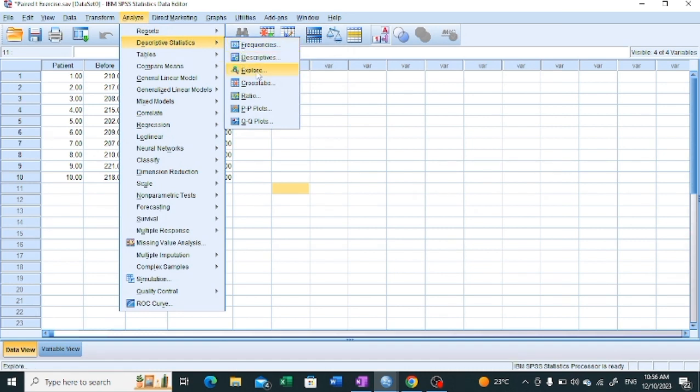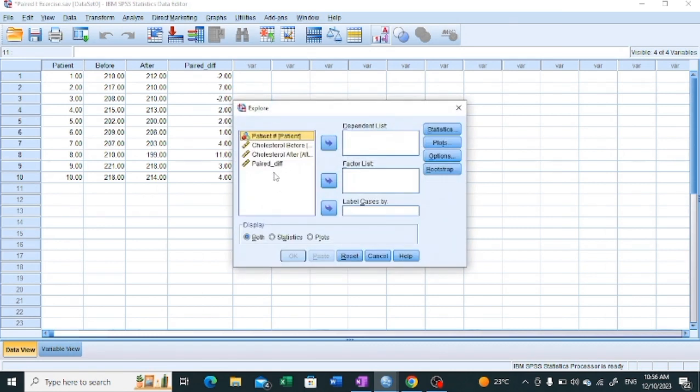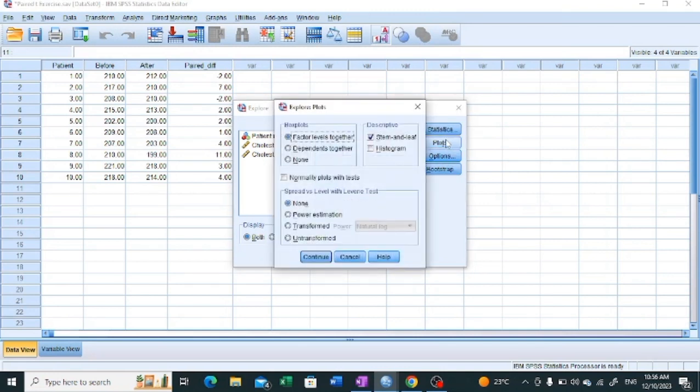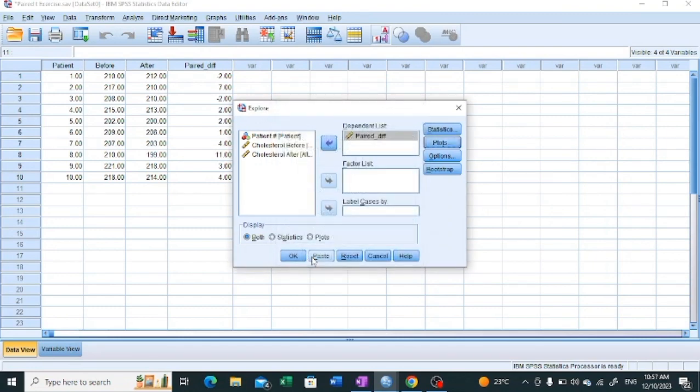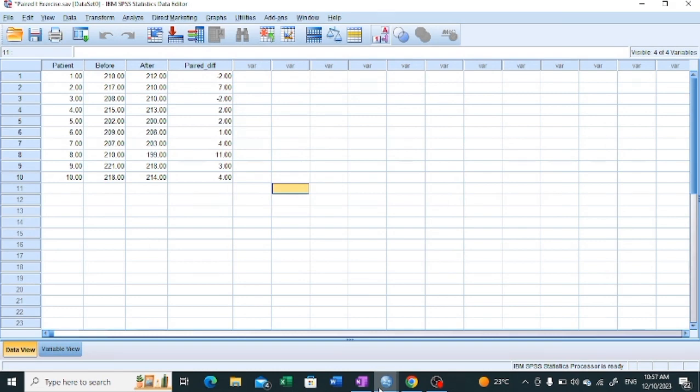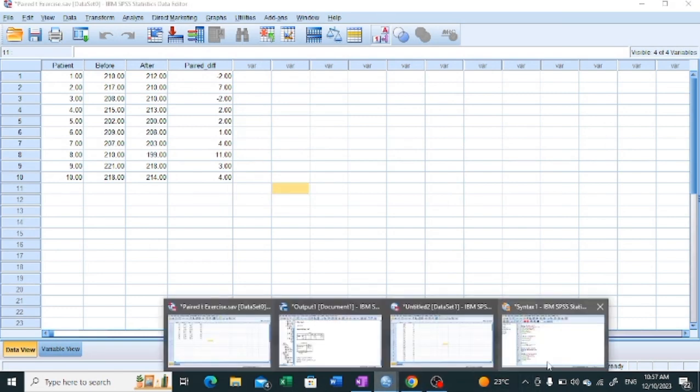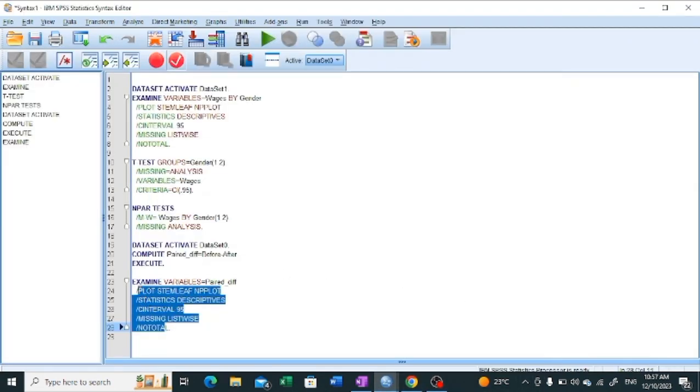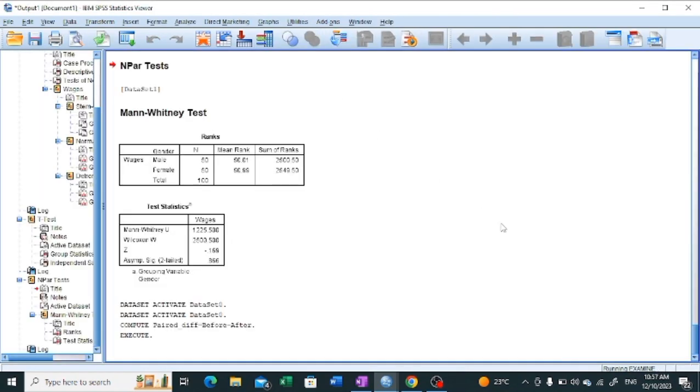For this, we go for explore. We take pair difference variable as the dependent variable. We mark a check across normality plots with tests, paste, and then run.